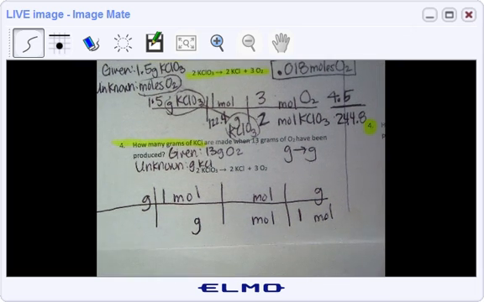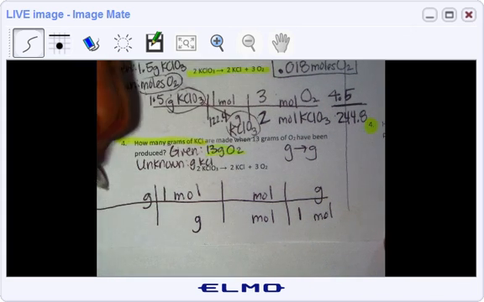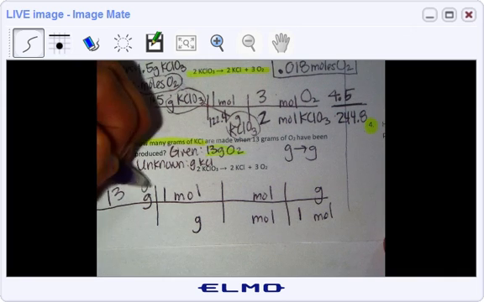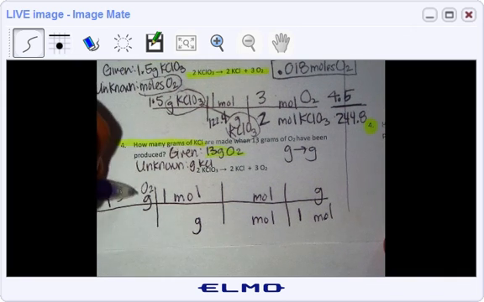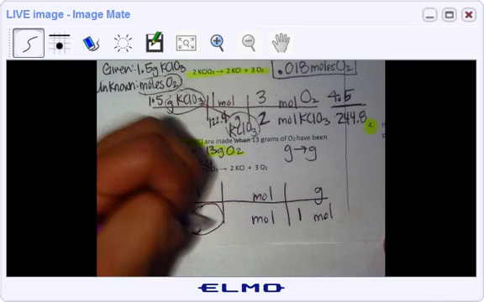So I got all of that just from the T-chart, from copying it down. Whatever I was given, that's what I start with. Of O2. If this is grams of O2, this has to be grams of what? O2.